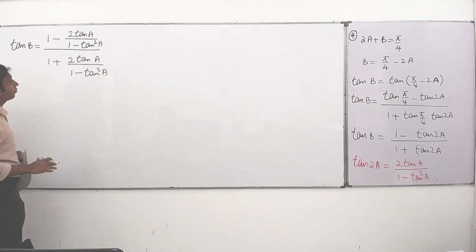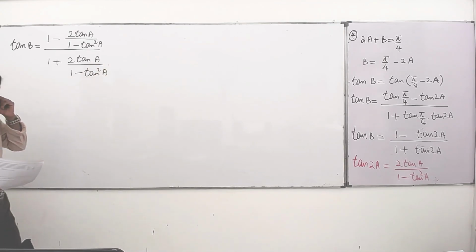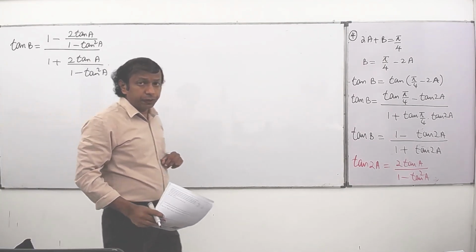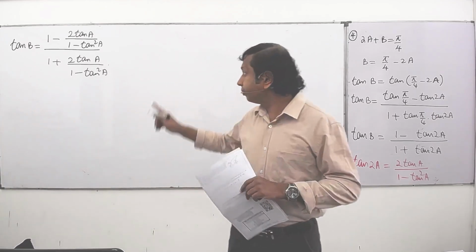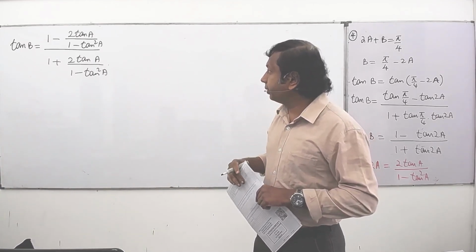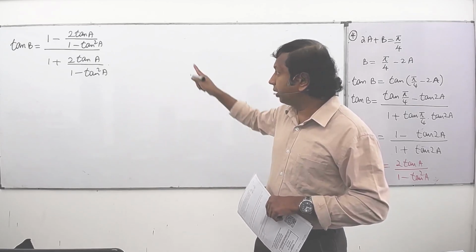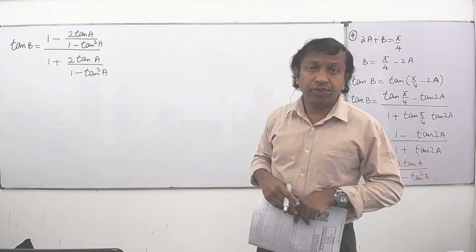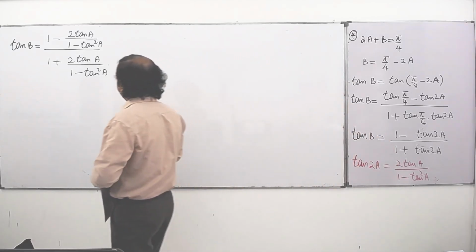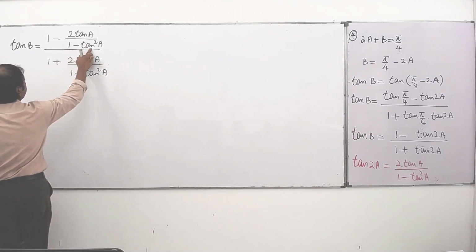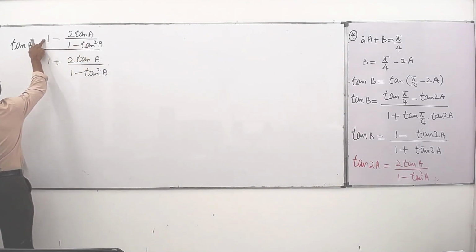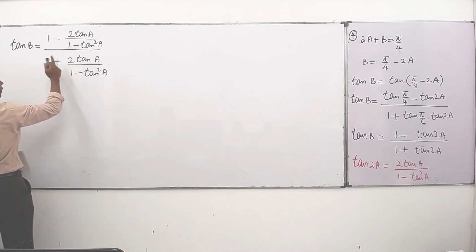To simplify this further, I multiply the numerator and the denominator, both, by 1 minus tan squared A. By this 1 minus tan squared A, I multiply this one, this one, this one, and this one.